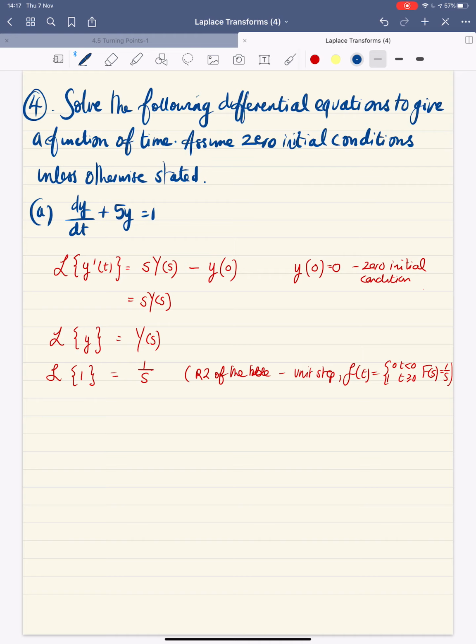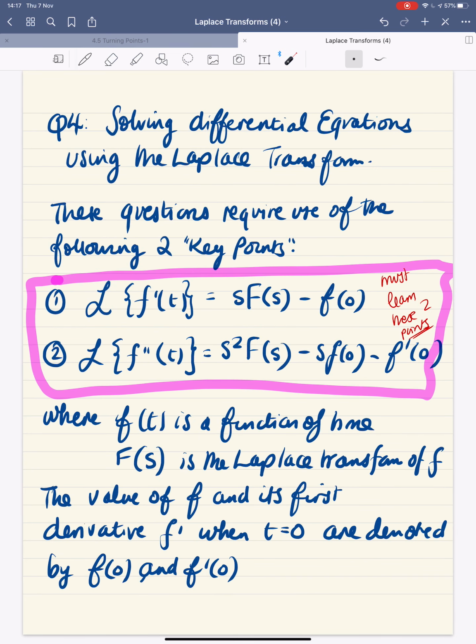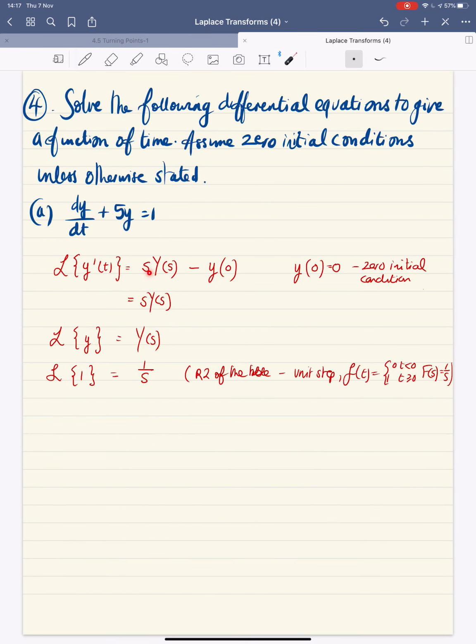When we take the Laplace transform of dy by dt, so this is the Laplace transform of y dashed of t, using the rule that I've suggested you learn, that's s Y of s minus y of 0. We haven't got any initial conditions, else they'd be written here, so y of 0 is 0. So this simplifies to just s Y of s.